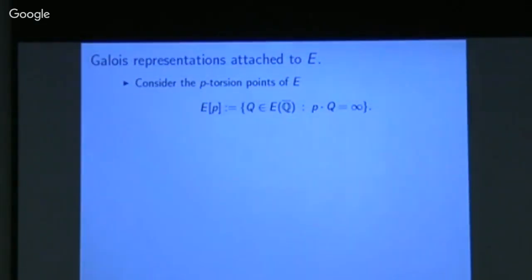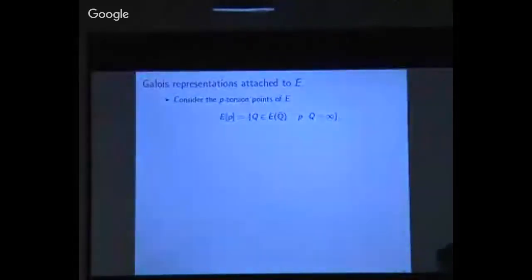Okay, so next, we want to get a Galois representation from the curve. I told you that these curves have a group structure, so it makes sense to consider the P-torsion on this group. This means we take all the points on the curve over Q bar such that P times the point is infinity, which I said is the identity of the group.